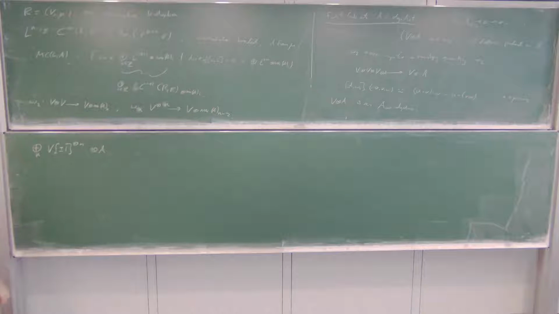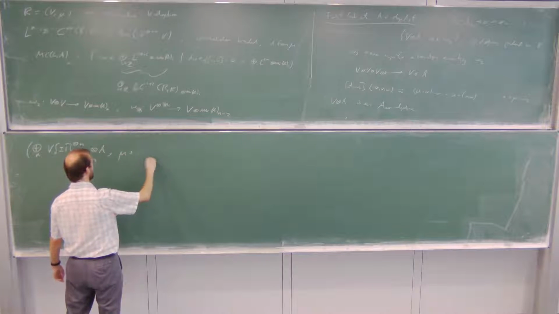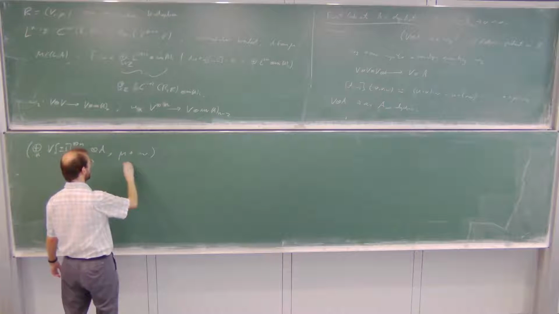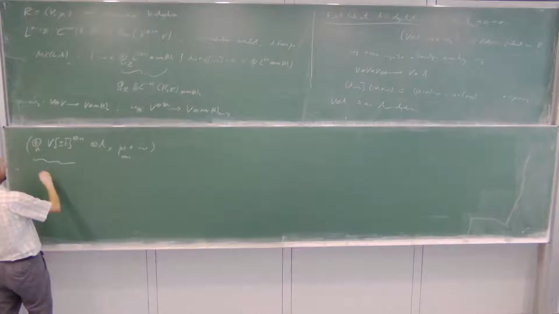So if you look at this thing, I might be able to fill in the shift in due course. So we look at this, we have mu plus omega on. So we think of this thing as a co-free co-algebra.